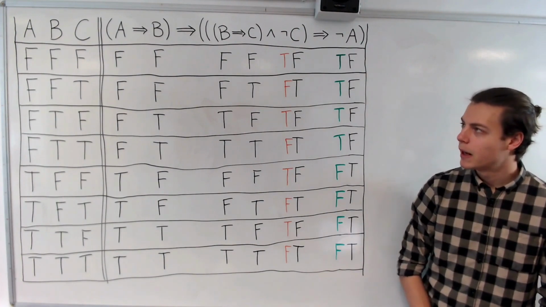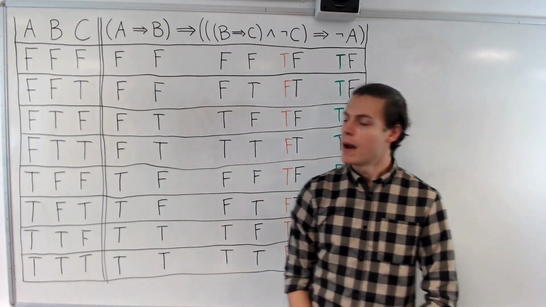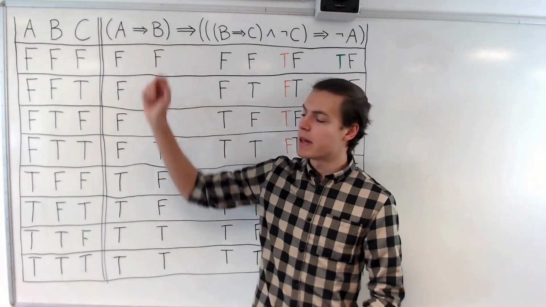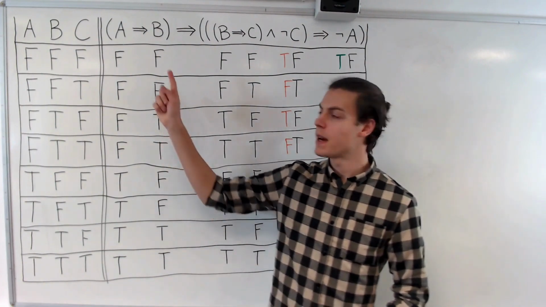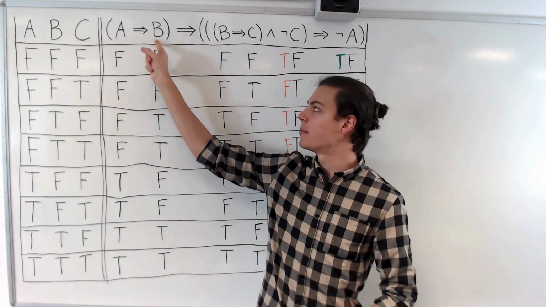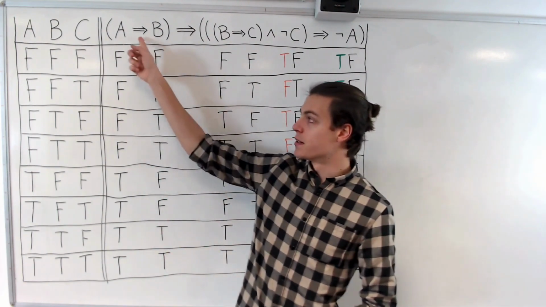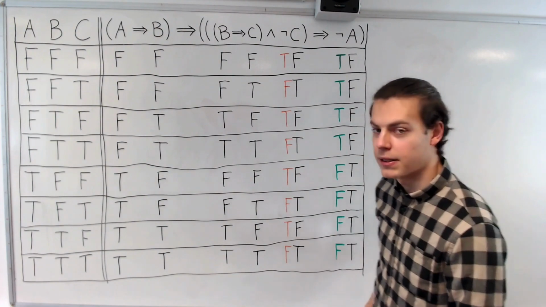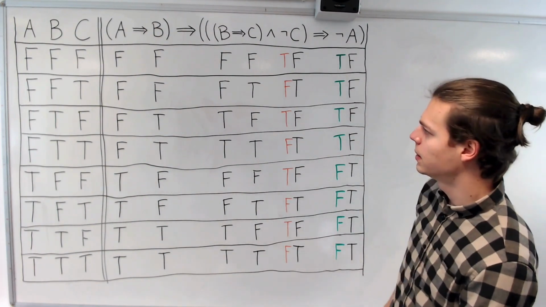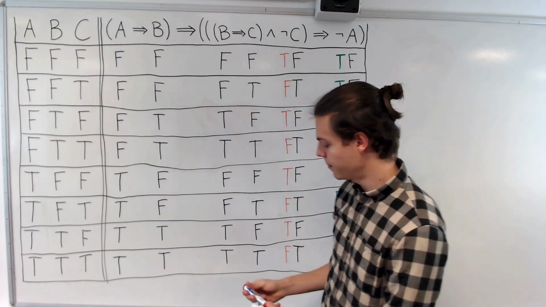Now, let's apply this first implication. And remember, A implies B is false if and only if A is true and B is false. And this implication is true in all other cases. So, looking at this, false implies false is true.